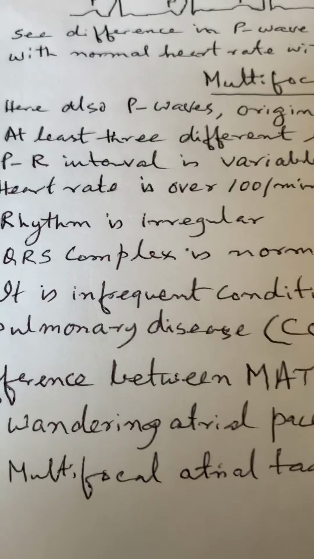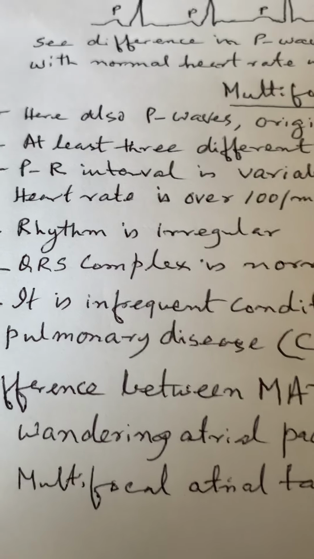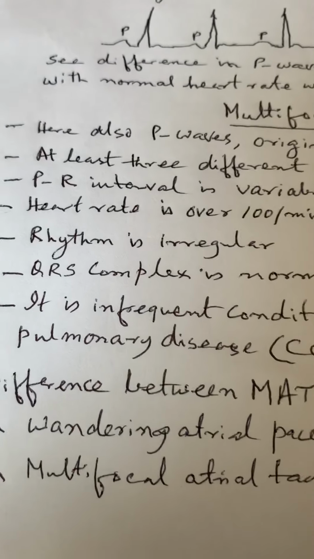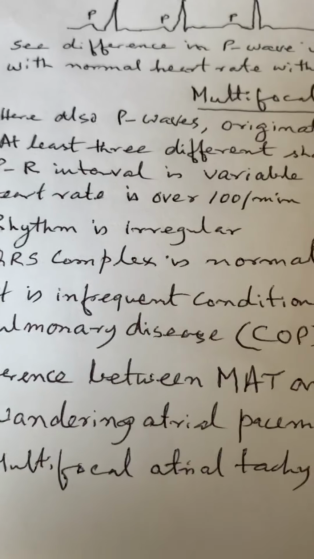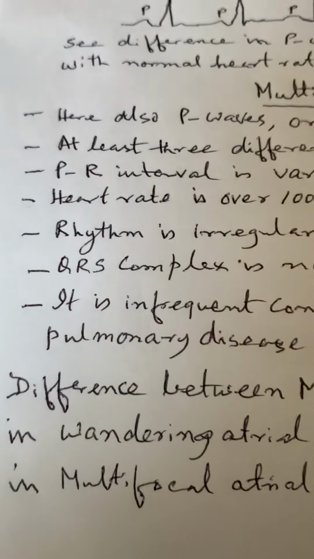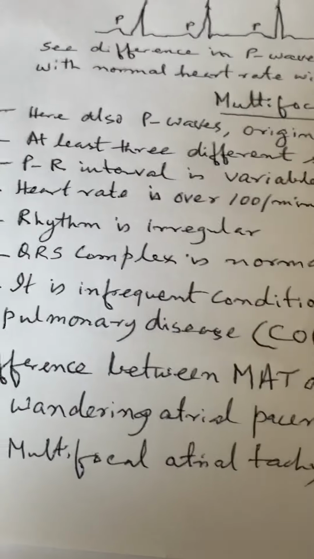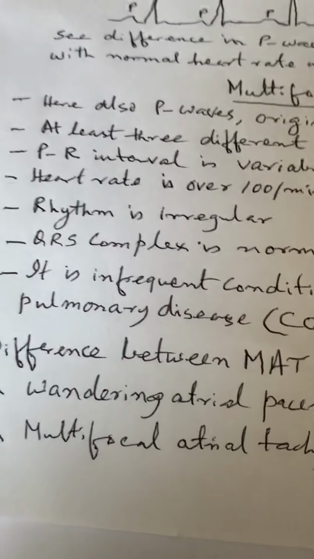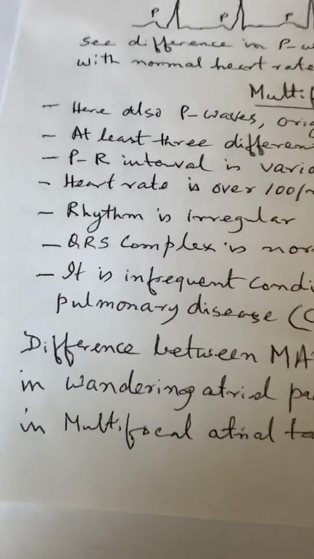The PR interval is variable, but the important point to remember is that everything is similar to the wandering pacemaker, but here you will find the heart rate is over 100 per minute, and the rhythm is irregular, but the QRS complex is normal. Obviously, because the QRS is the ventricular complex, which is normal in this case.